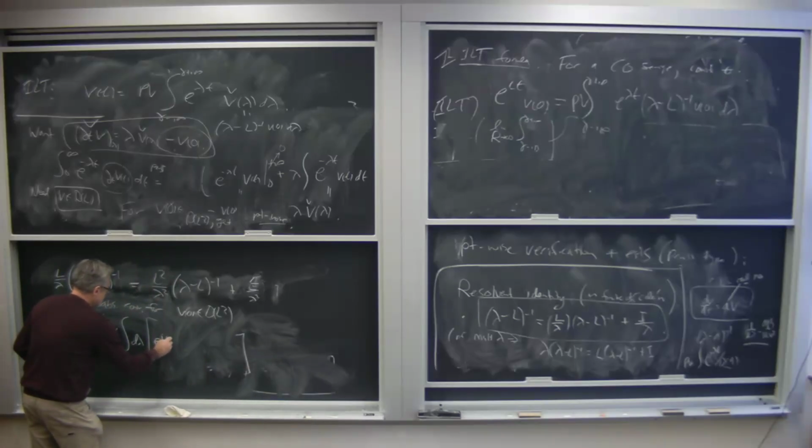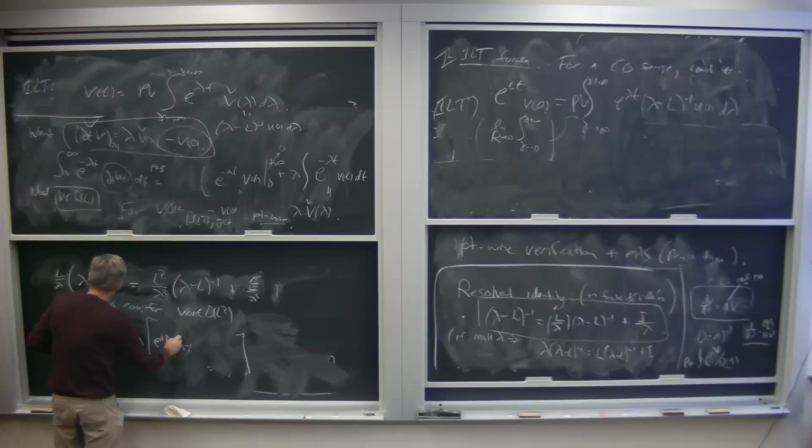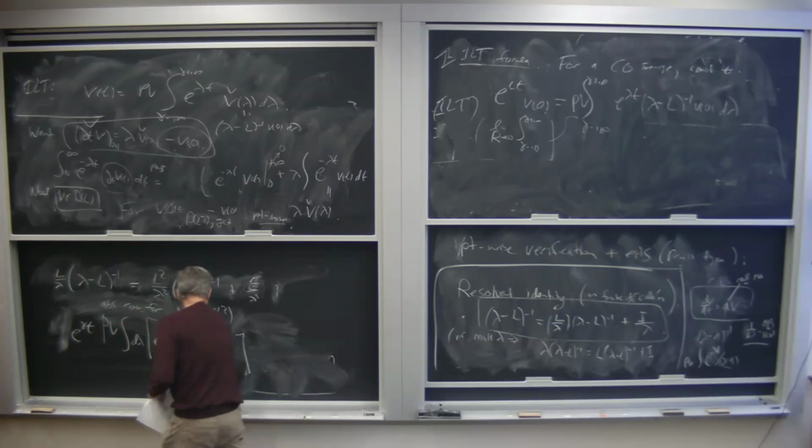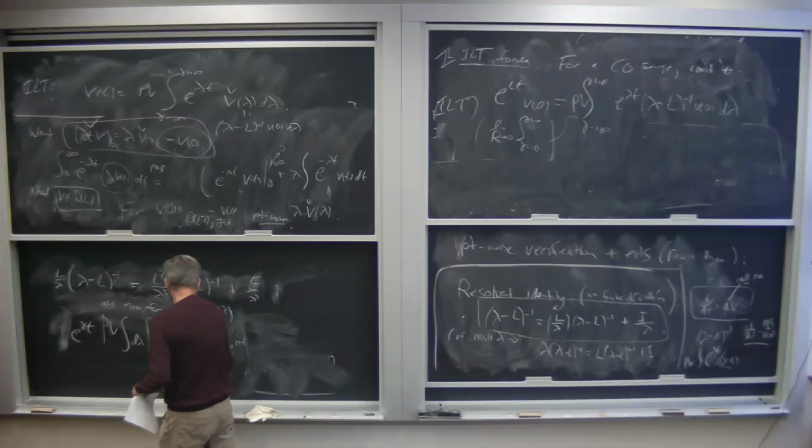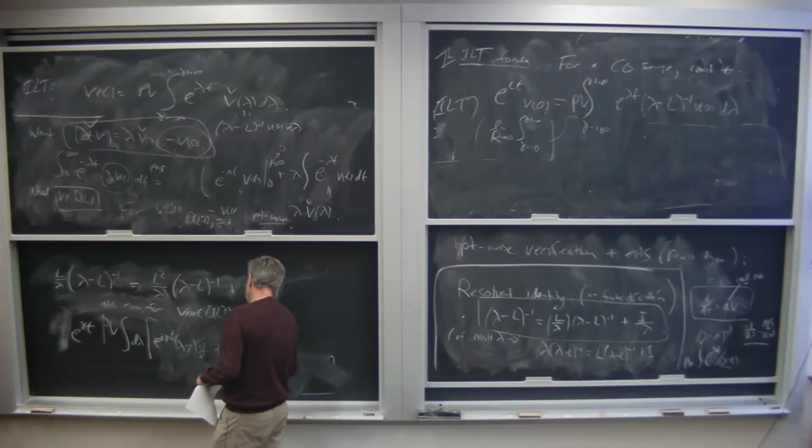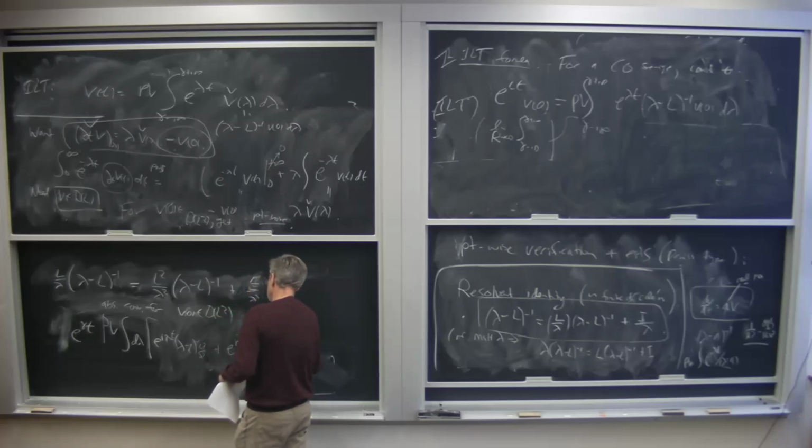So I have e to the i tau t, (lambda minus L) inverse L squared over lambda squared, plus e to the i tau t times L over lambda squared, plus e to the i tau t identity over lambda, d tau.